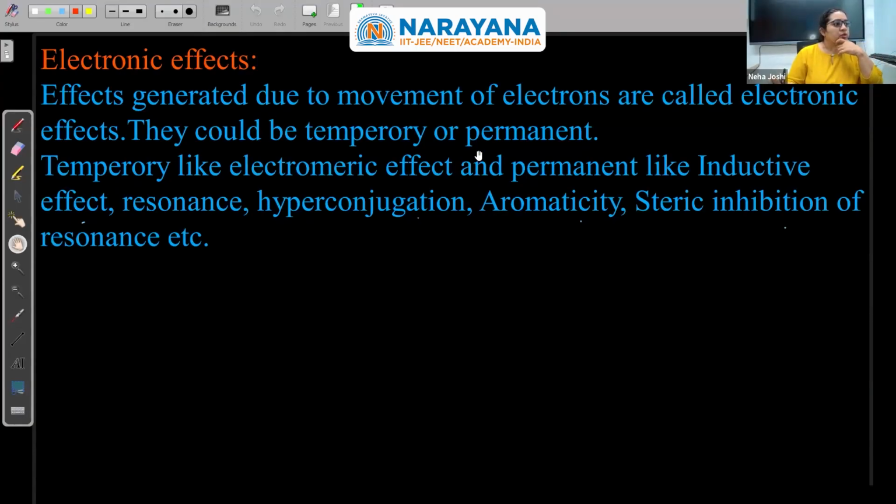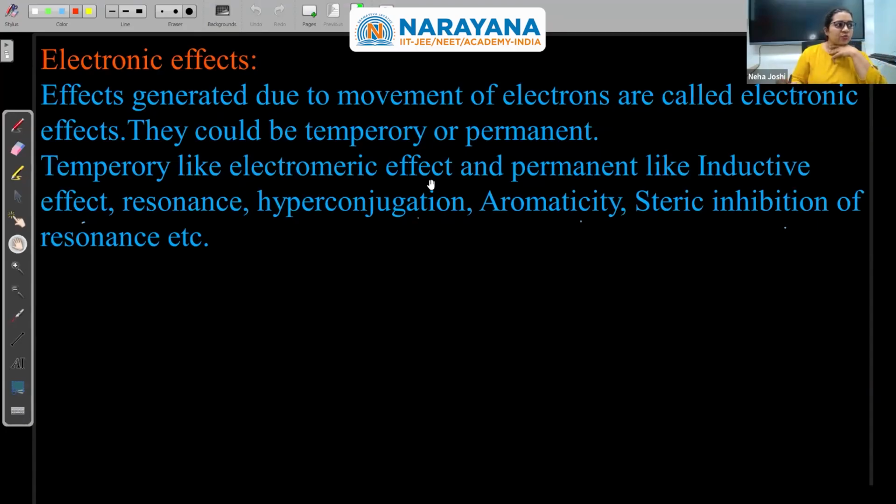Now these two types of effects, that it could be temporary and permanent, as per our syllabus, if we talk, then temporary effect is like electromeric effect and permanent is like inductive, resonance, hyperconjugation, aromaticity, steric inhibition of resonance, and like that other effects.